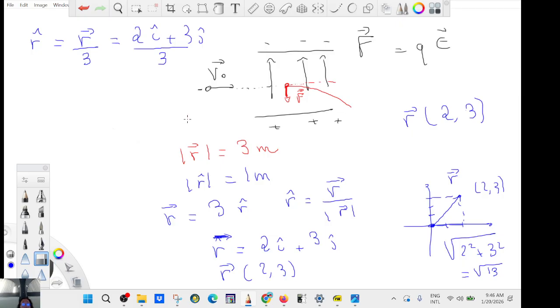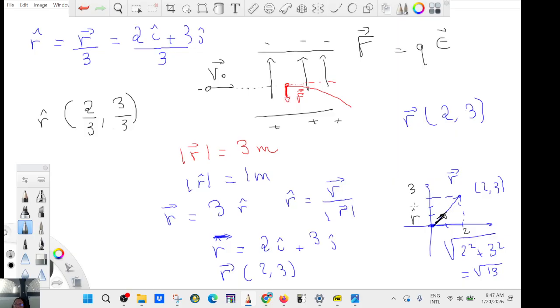Agree? So just a review. So for example, r hat, you can say coordinate 2, 3, divided by the magnitude. Because if you look here, this is 2 and this is 3.